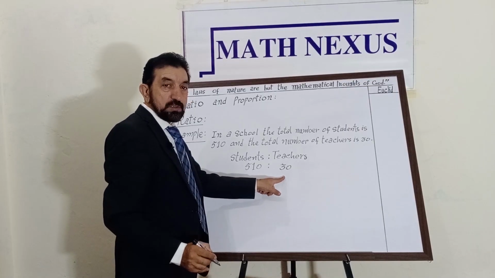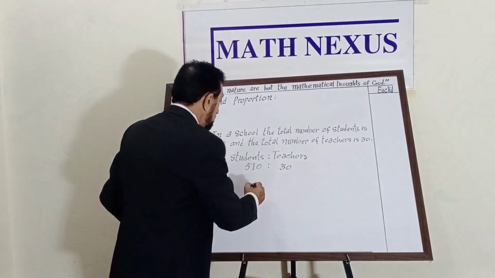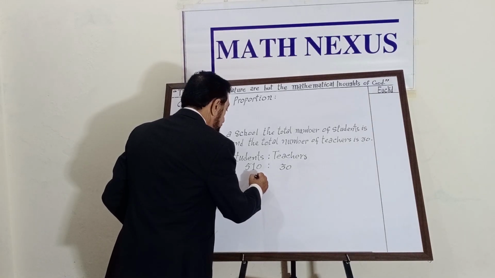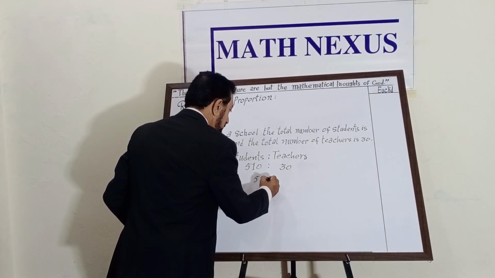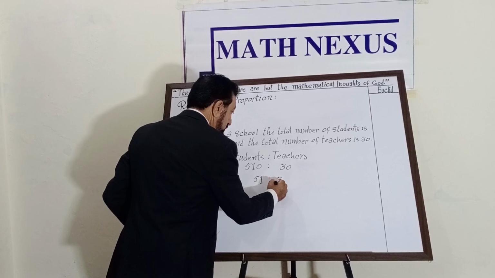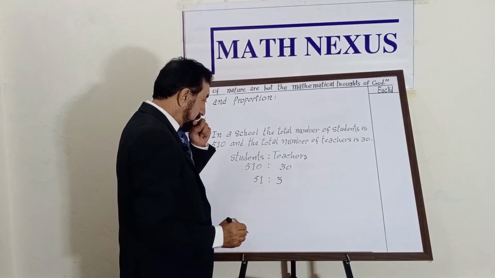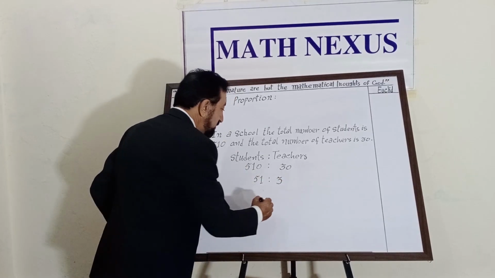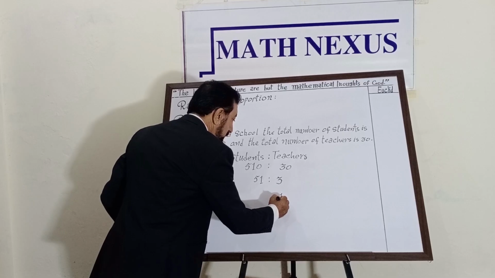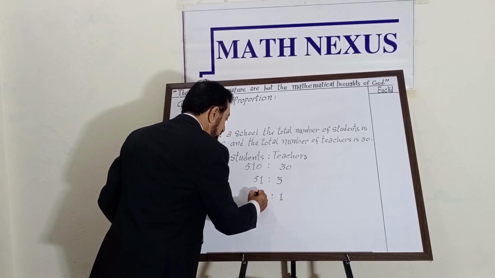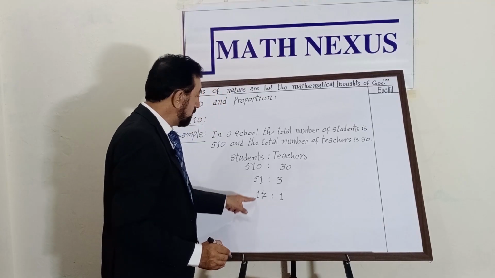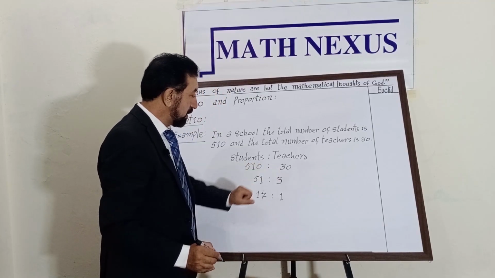Now we want to simplify this one. We can write 51 ratio 30. We can again simplify this one. 3 ones are 3 and 17 threes are 51. This is the simplest form of this ratio.